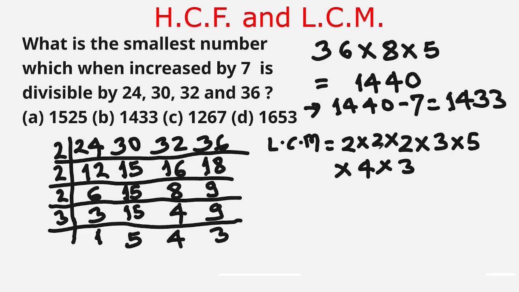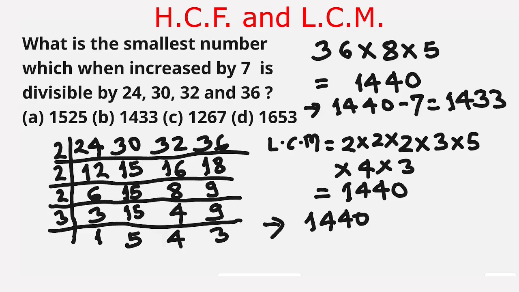And 72 times 2 is 144, and we put one more 0 of 5 multiplied by 2. So it becomes 1440.